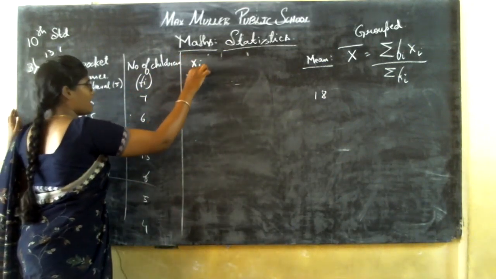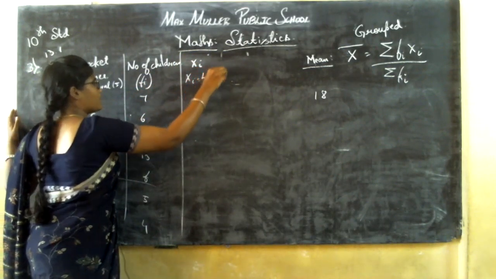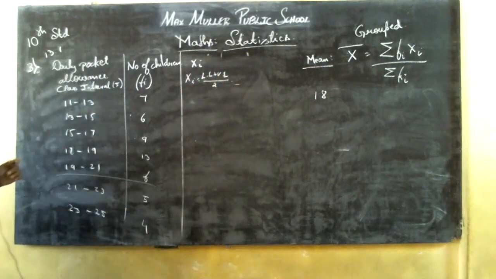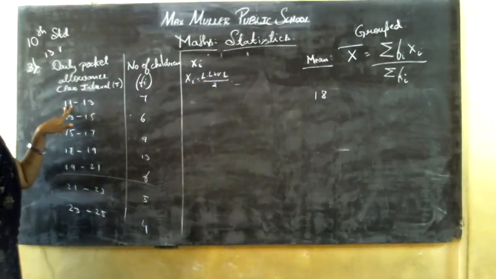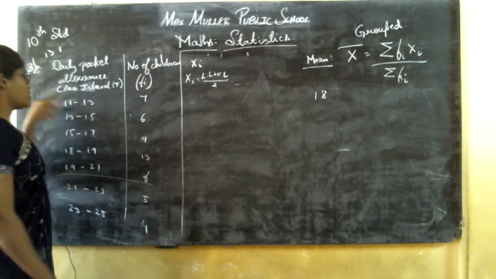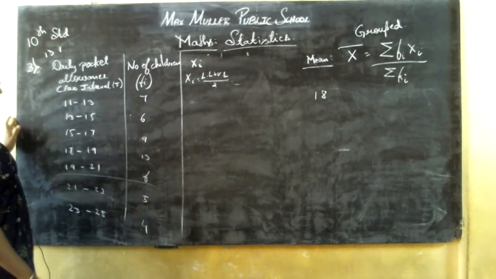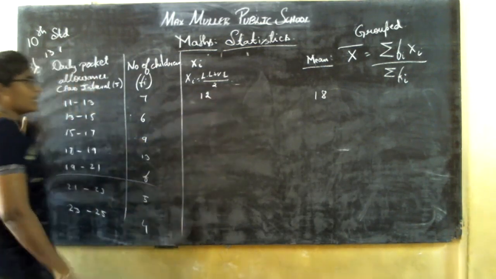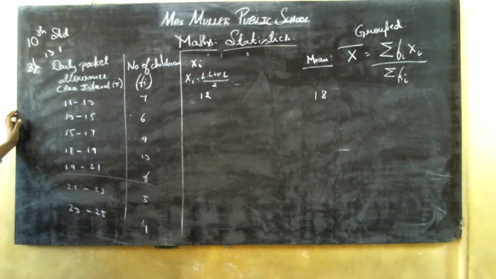Class mark is given by lower limit plus upper limit divided by 2. Now let me do it for the first one. Lower limit is 11 and upper limit is 13. So 11 plus 13 is how much? 24. 24 divided by 2 is 12. Correct?